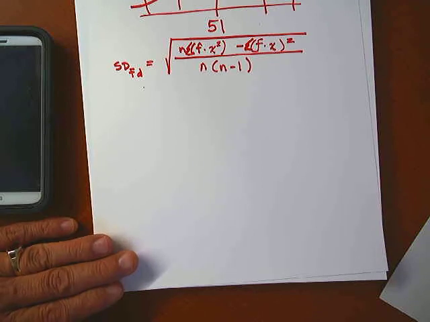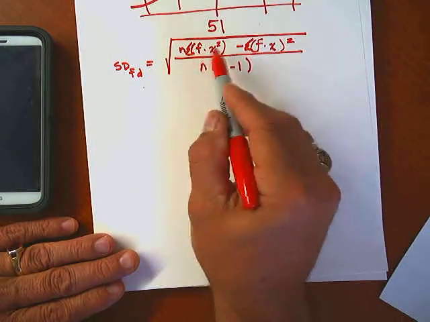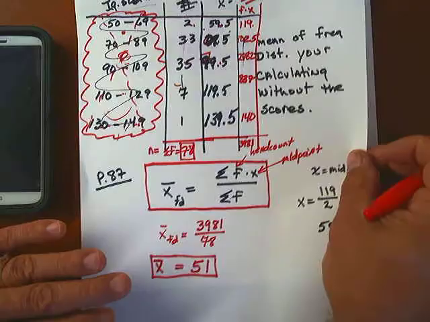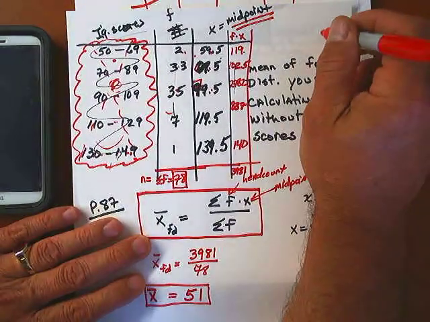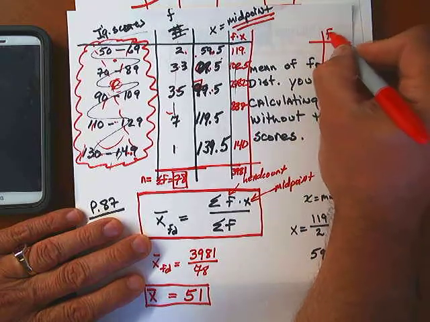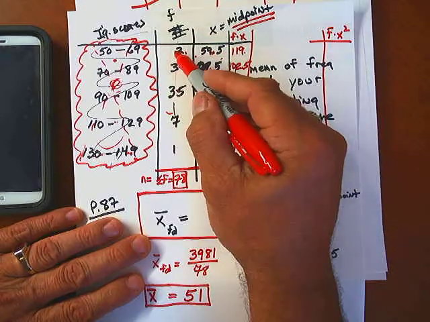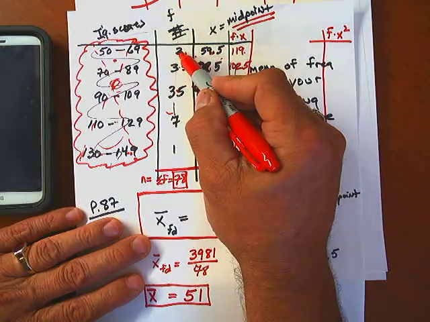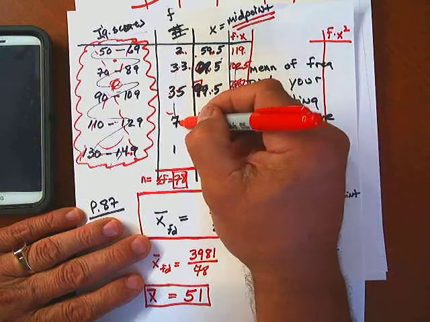Now, it's pretty intimidating, but you've already got f and you already got x. And you already got n, so all you got to do is plug and chuck. You do need f times x squared. You haven't done that yet. You have done f times x, which is the summation here, and the summation here.